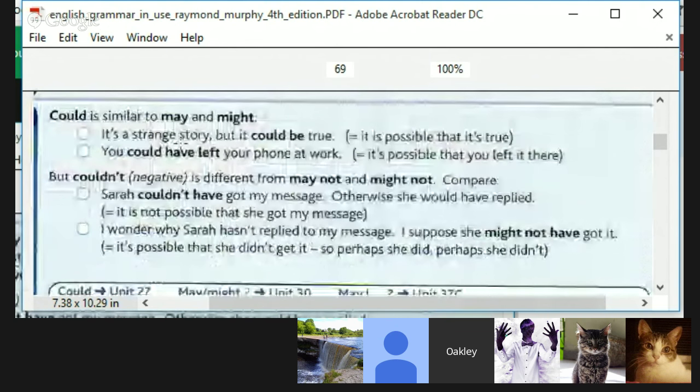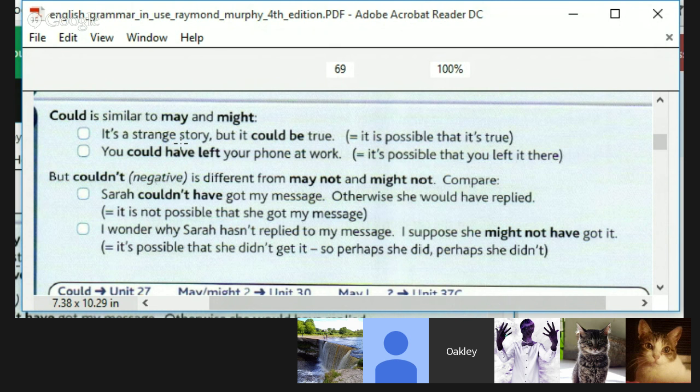Could is similar to may and might. Slight difference in that with could, you're not really saying, oh, maybe. You're saying this is just one possibility, which often doesn't really make any difference in understanding, but occasionally it's important to note that can and could actually just mean you're not really saying the degree of probability something might happen.